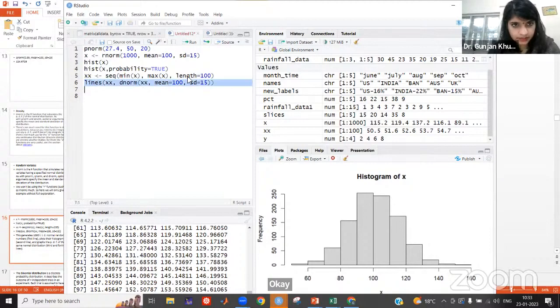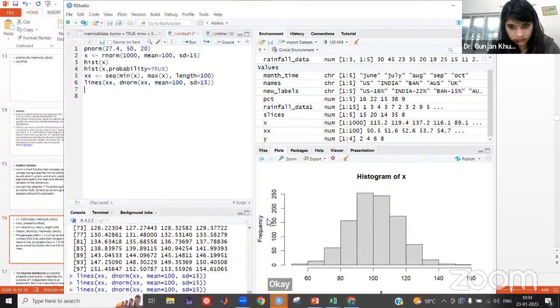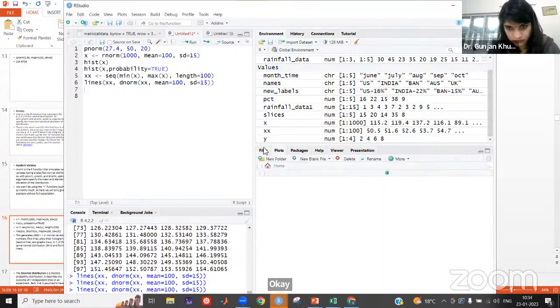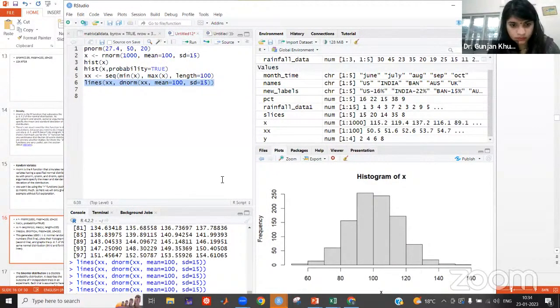So this is your XX. Here it's not showing. Just a second.